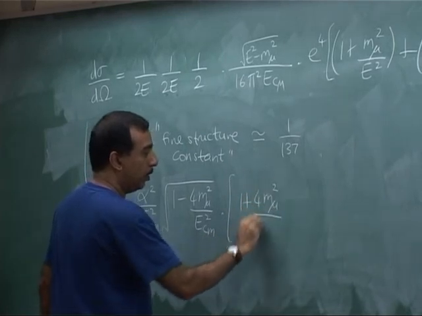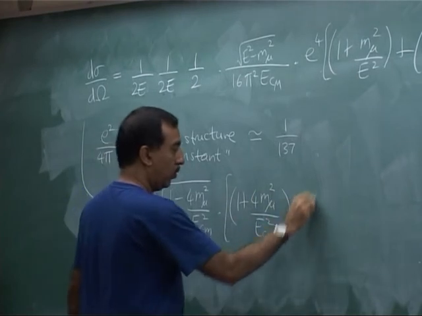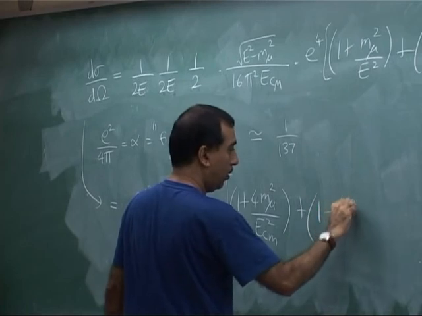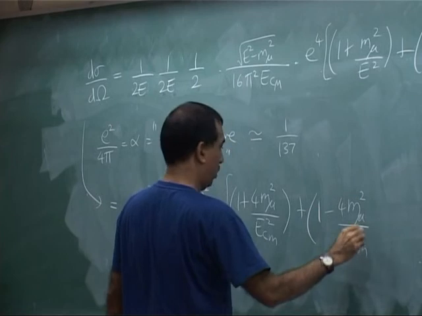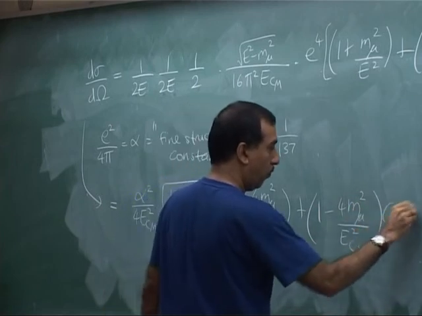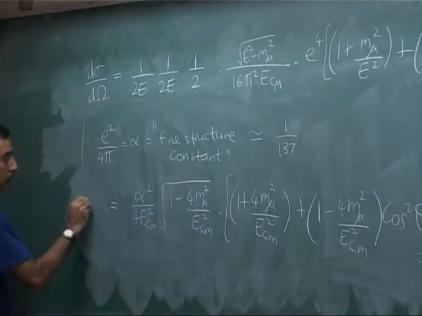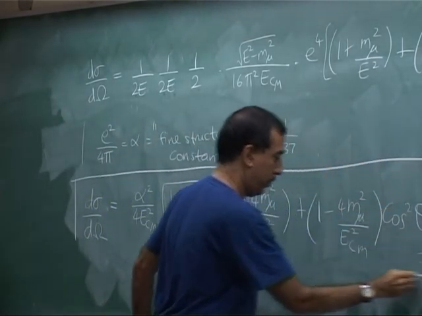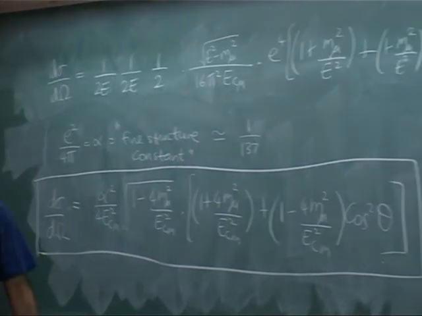these 4s are coming because we have put E center of mass now, which is twice of E. And that's the end of the calculation for the differential cross section.